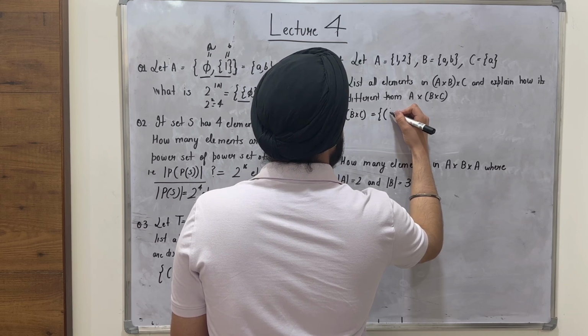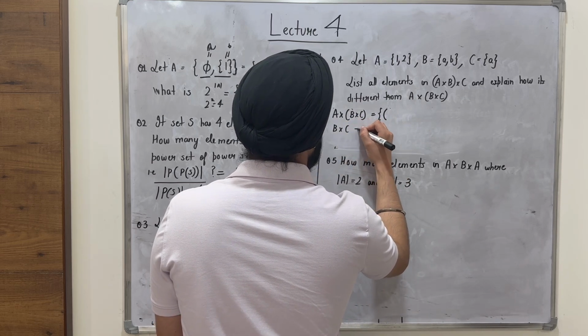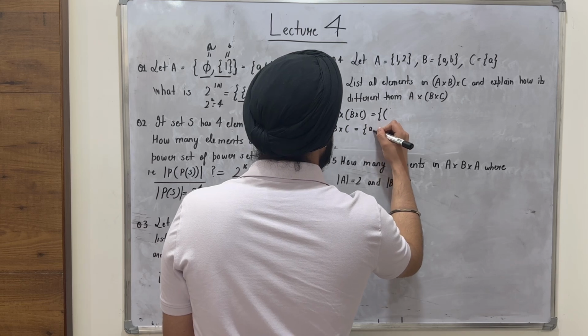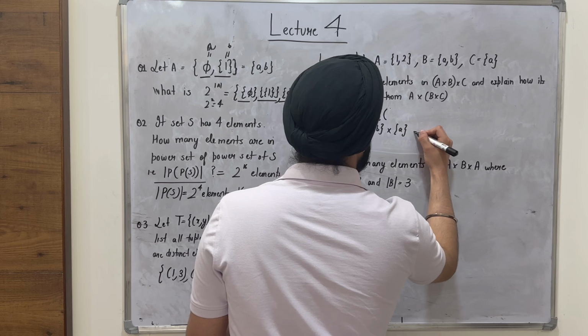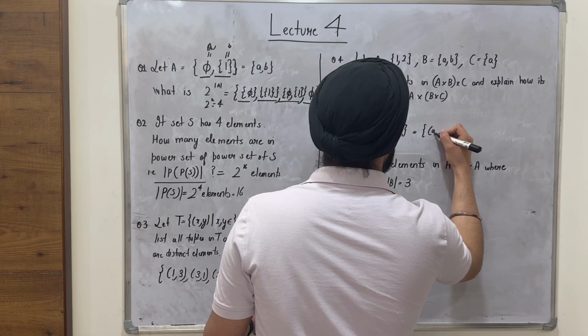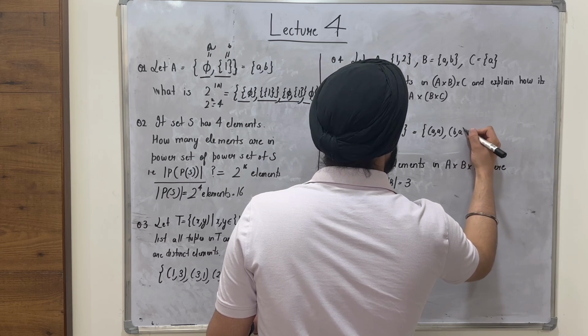So let's say I try to solve B cross C first, which is going to be {A, B} multiplied by {A}. So I get (A, A) and (B, A).